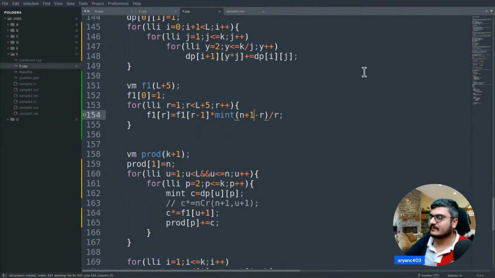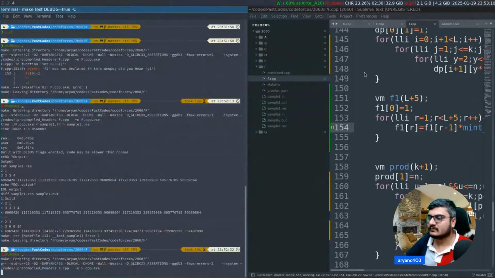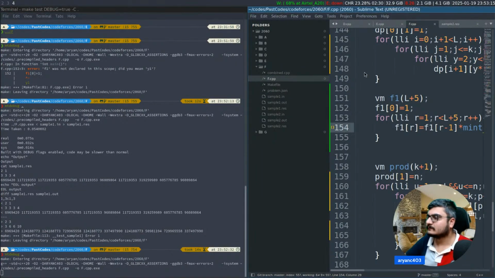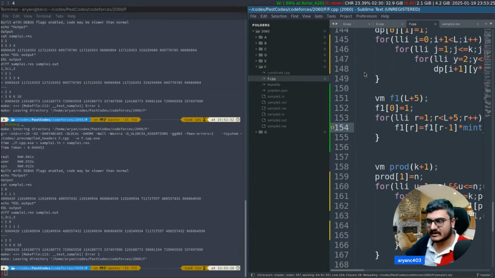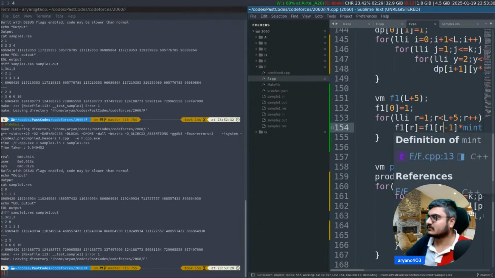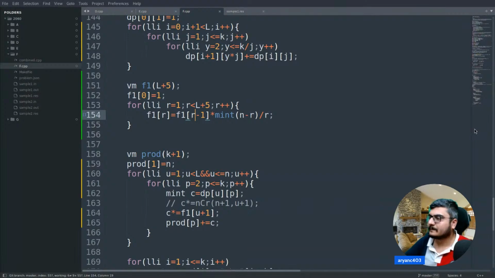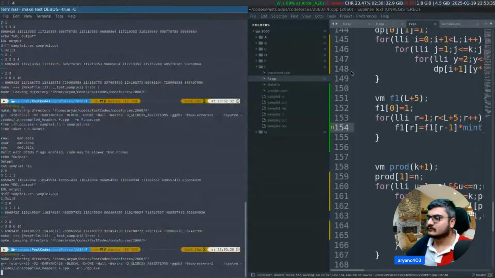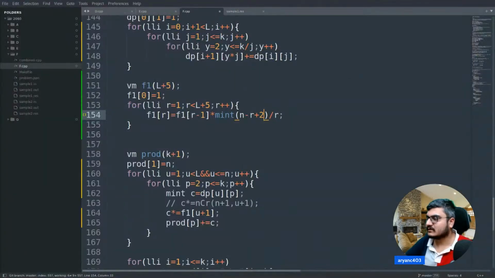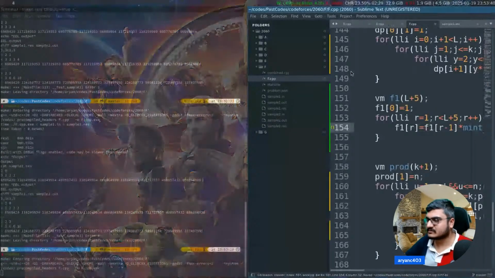Okay, yeah, this should be n minus r. I think I will come to chat Q&A after. I think this should be n plus 2, since the array starts from 1.